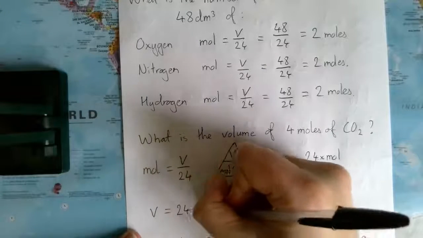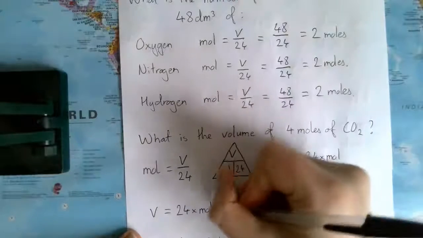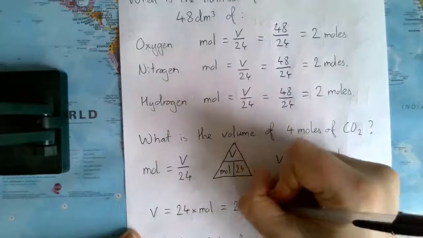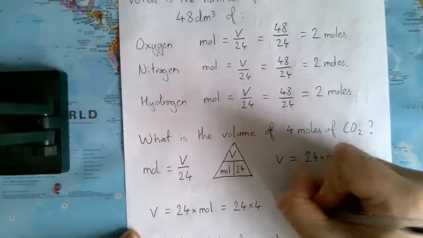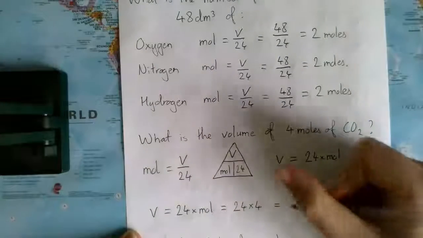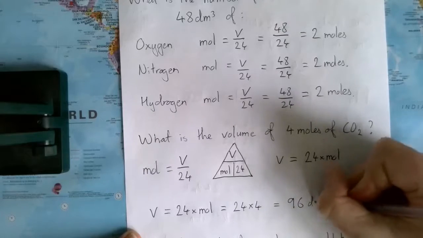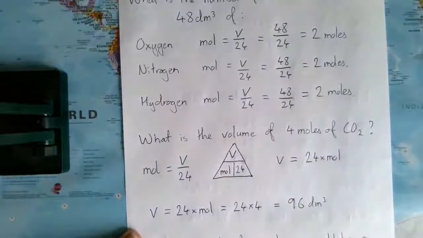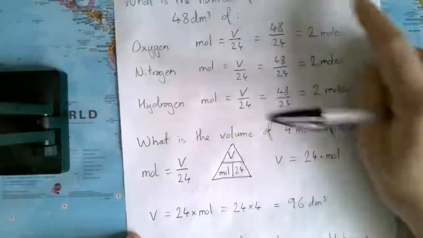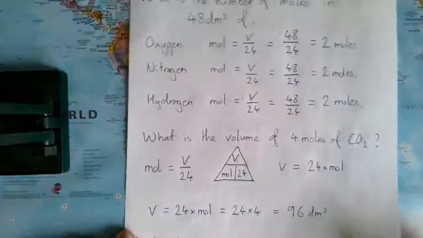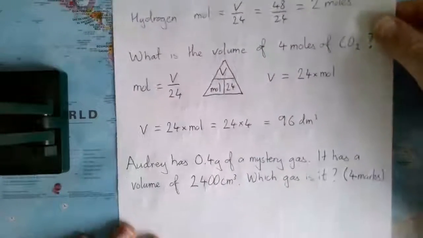We do 24 times the number of moles, 24 times 4, and that one is going to be 96 decimeters cubed.